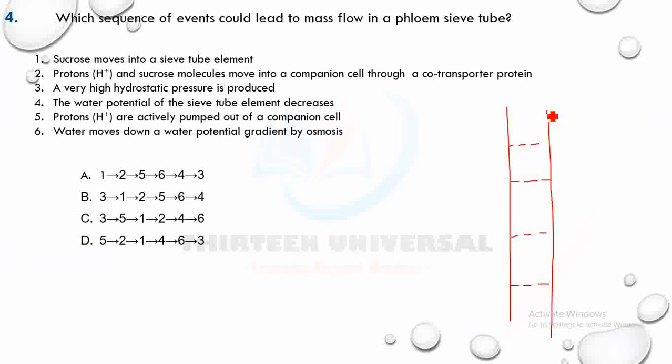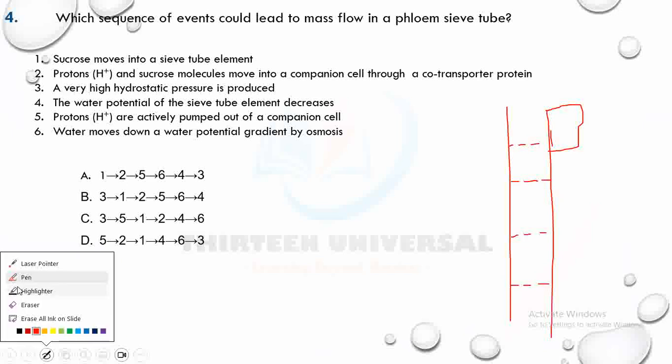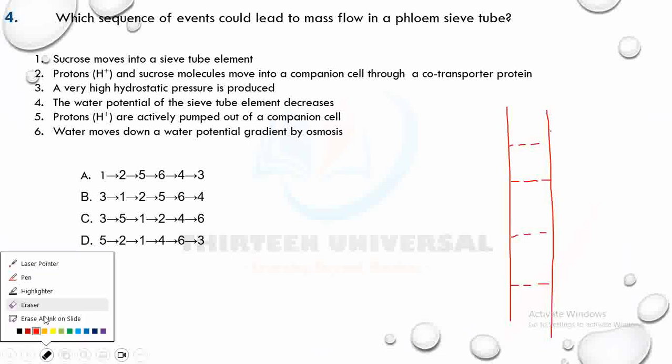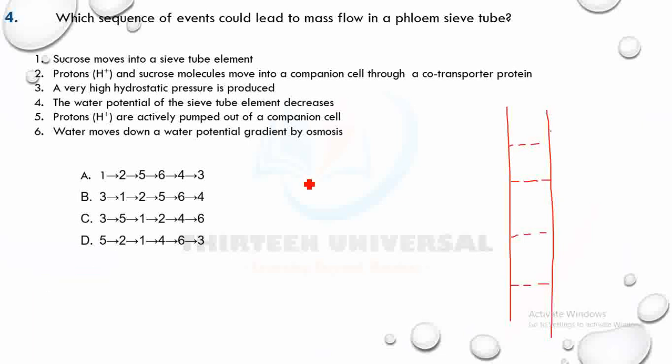So this is the companion cell. Is that okay? Yeah, the companion cell helps in the loading of sucrose. So let me show you something here. I'm just trying to explain this.